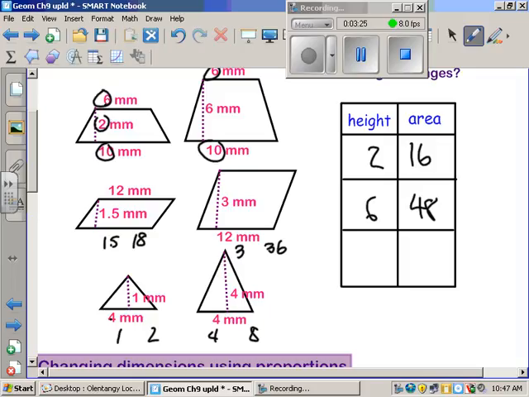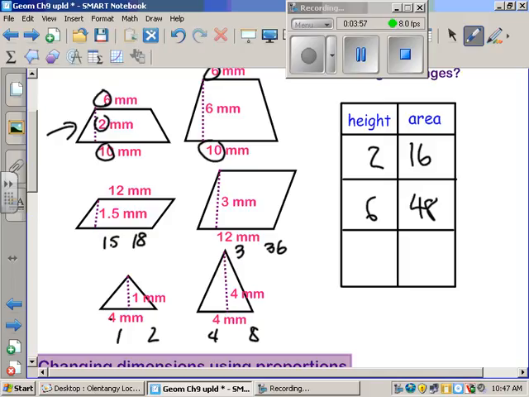Okay, so can you see a pattern here? Whatever I do to that one dimension, and now we're not changing the bases for the trapezoids, all we're changing is the height. When I triple the height of this first trapezoid, it triples the area. When I double the height of this parallelogram, it doubles the area.